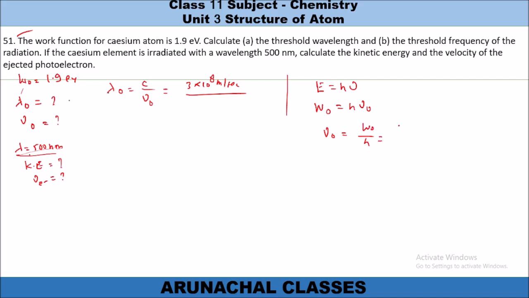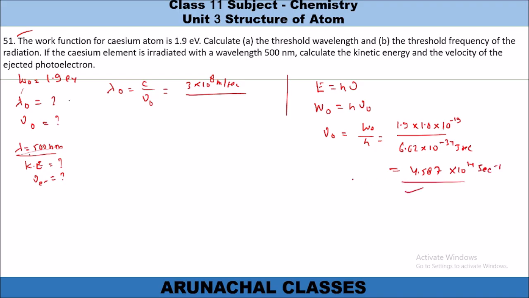W naught value is given as 1.9 electron volt, so 1.9 multiplied with 1.6 into 10 power minus 19. Now h value is 6.62 into 10 power minus 34 joule second. When we solve this one, we will get the value as 4.587 multiplied with 10 power 14 second inverse.